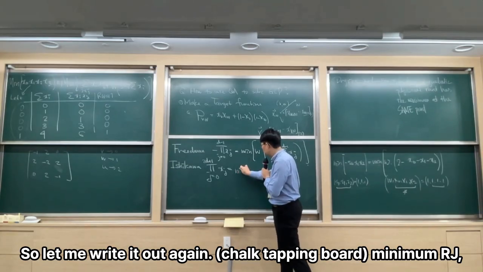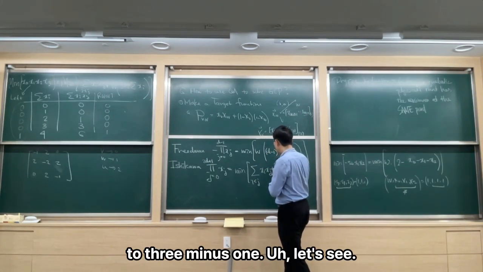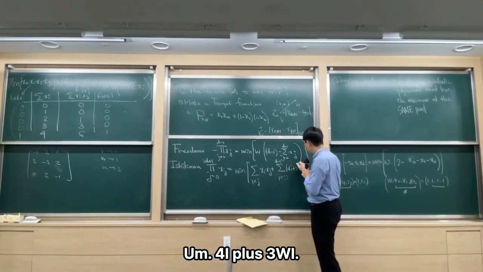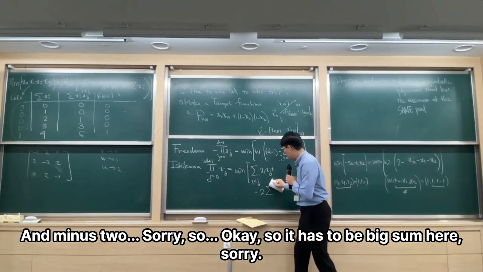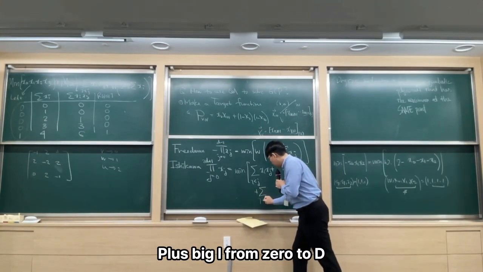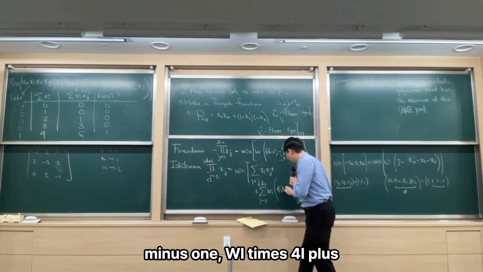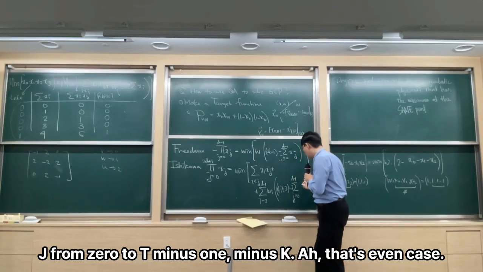The minimum of sum over i, j of xi xj, and then big sum over i from 0 to d minus 1 of wi times 4i plus 3 minus 2 times sum over j from 0 to 2d minus 1 of xj.